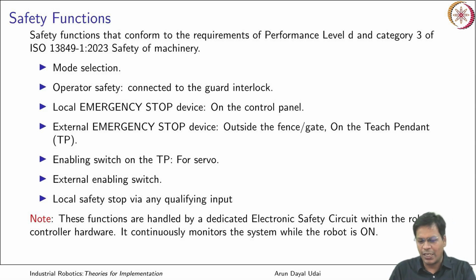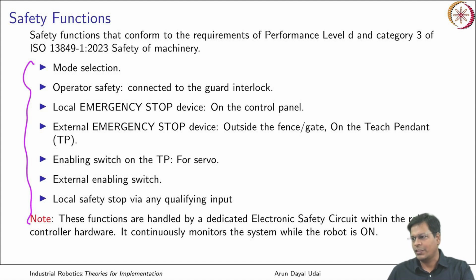These functions are handled by the dedicated electronic safety circuit within the robot controller. It continuously monitors the system, that is the robot, while the robot is working. As long as the robot is on, it keeps monitoring all these switches. These are known as the safety functions.